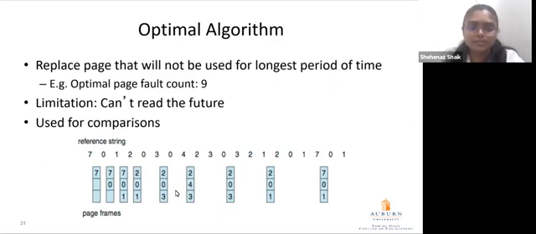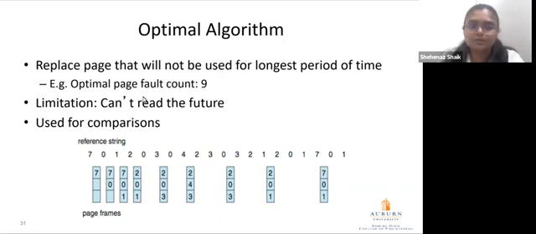So the optimal algorithm is, as you can see from the term itself, optimal and not a practical approach. What this approach suggests is we look into the future and identify a page to be replaced, which may not be used or referenced by the process at a later point in time.